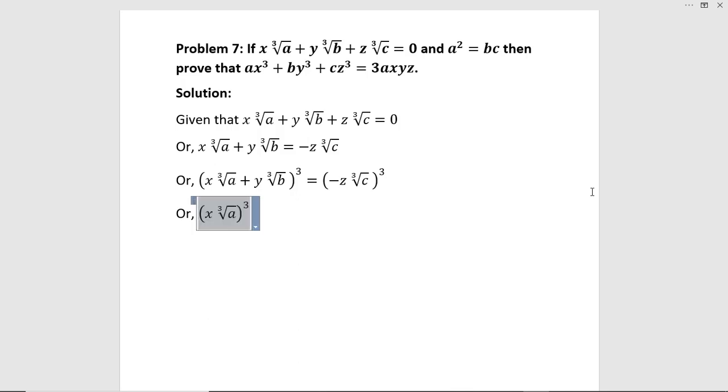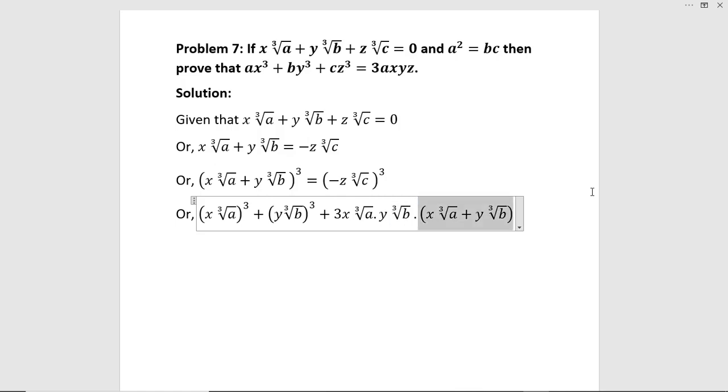So we will get x cube root a whole cube, plus y cube root b whole cube, plus 3 into x cube root a into y cube root b, and a plus b, that is x cube root a plus y cube root b, equal to the cube of minus z cube root c, which is minus z cube c.